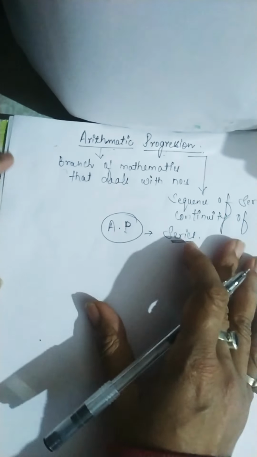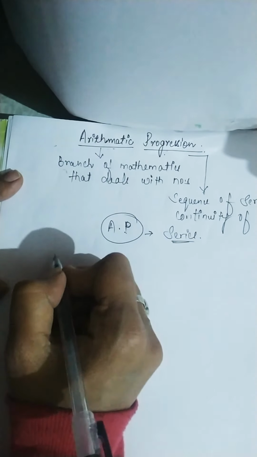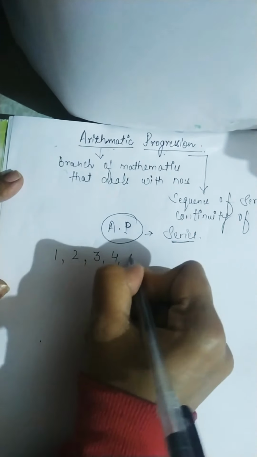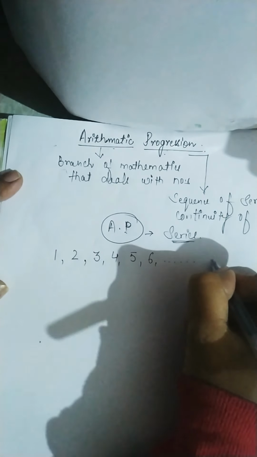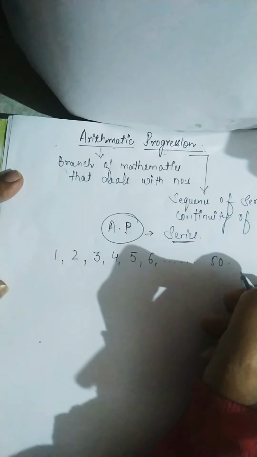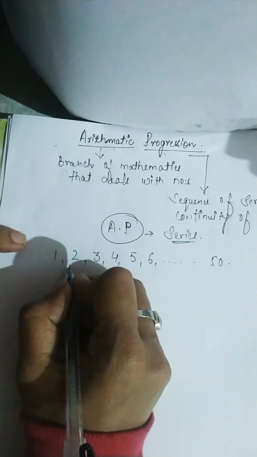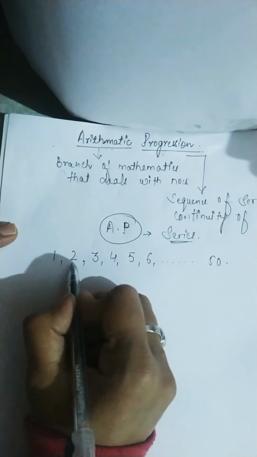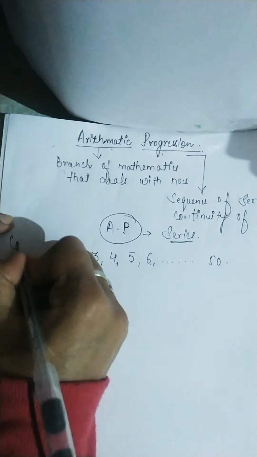A series is actually a progression of numbers, like if I write 1, 2, 3, 4, 5, 6 and so on up to, let's say, 50. So if I ask you, what is this? If you see this continued series of numbers, these are counting numbers in fact.